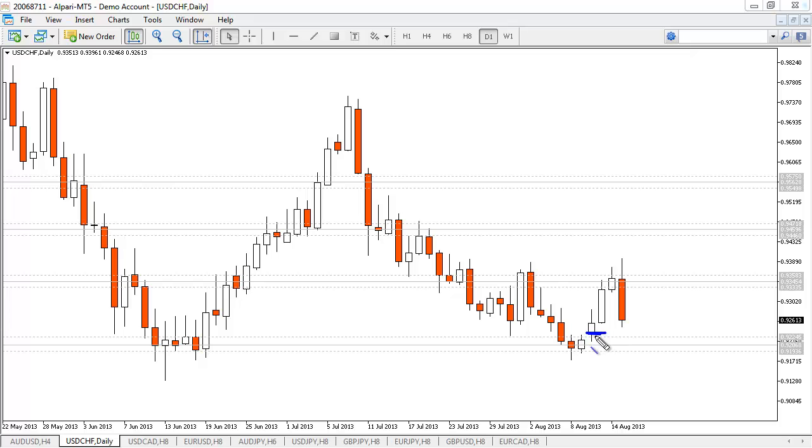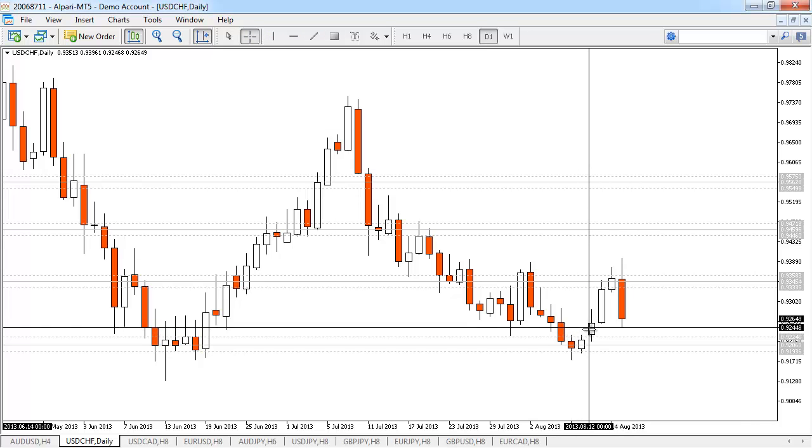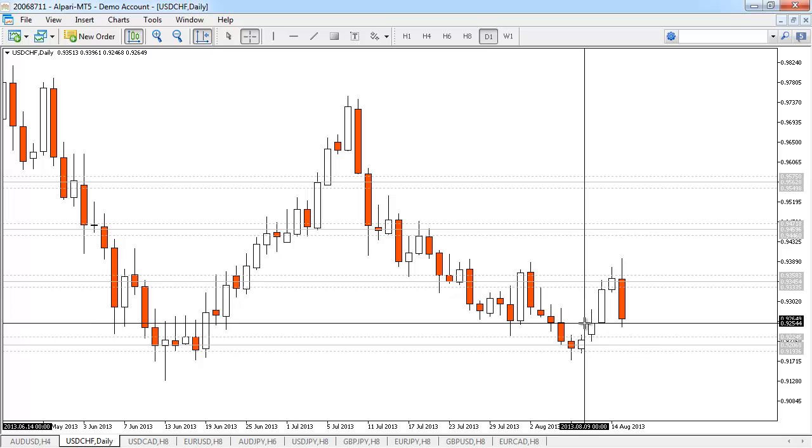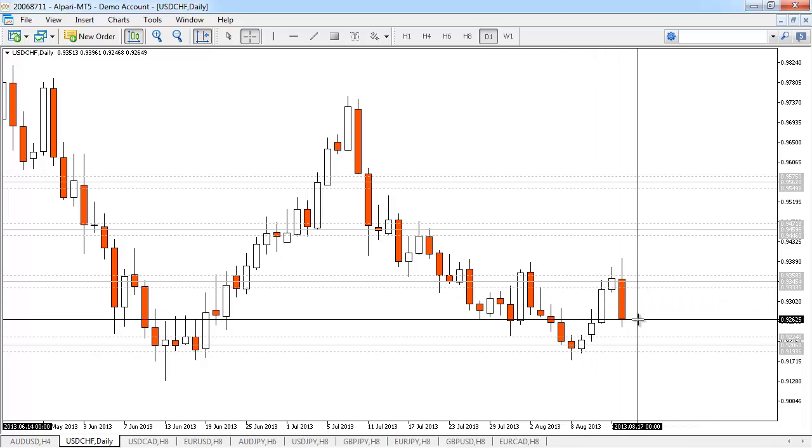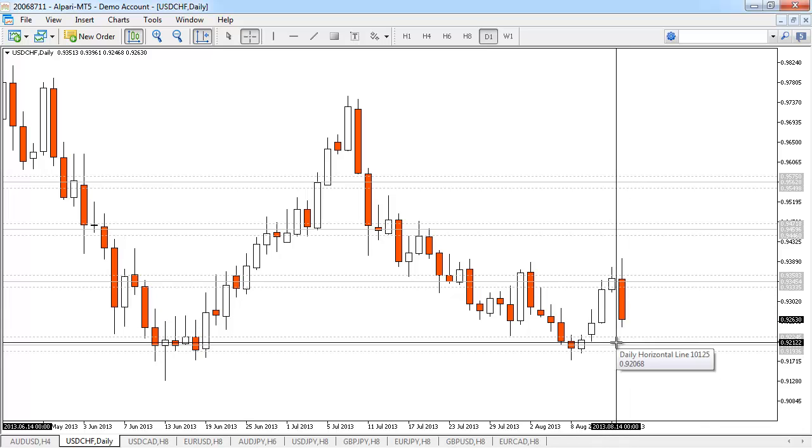So with this trade, this is how, not everyone, by the way, in the advanced course traded it in this way, but this is how I would have handled this trade. And it would be to use a psychological level. Now, if you don't know what psychological levels are, they're rounded numbers. Any rounded number on a chart is going to have a little bit of support and resistance.